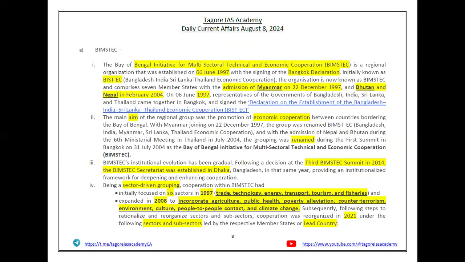Now on the view file, you can see the basics about BIMSTEC. This is taken from the website of BIMSTEC itself. Mostly the questions are framed for international organizations, and even organizations of the Indian government, from their own website.